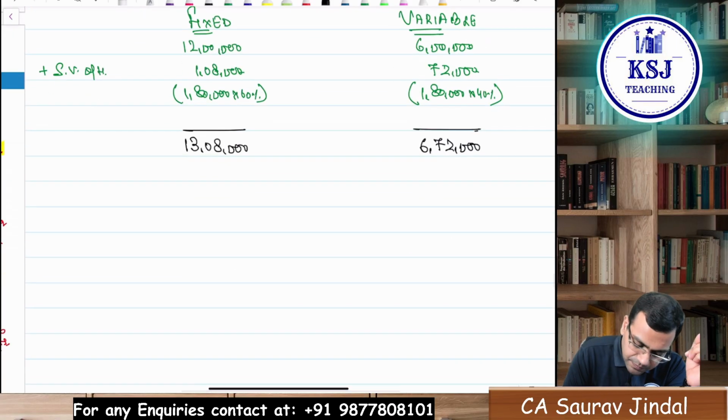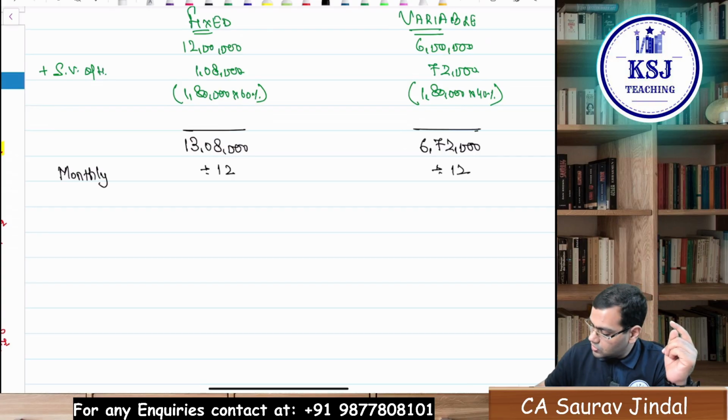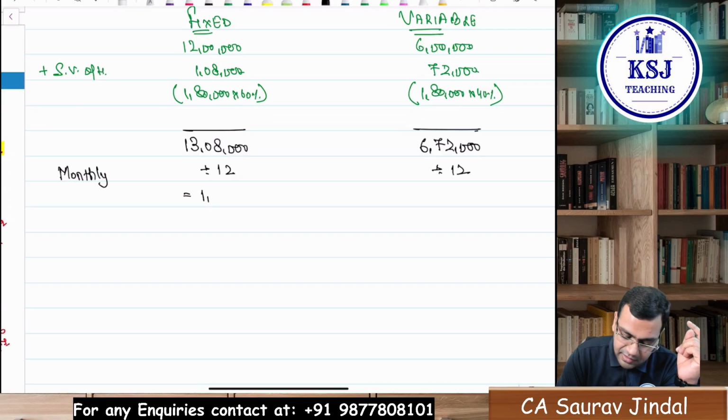Okay. So to calculate it monthly, what will be your monthly standards? I'll divide it by 12. Right, so 13 lakh 8,000 divided by 12 will give me 1 lakh 9,000.